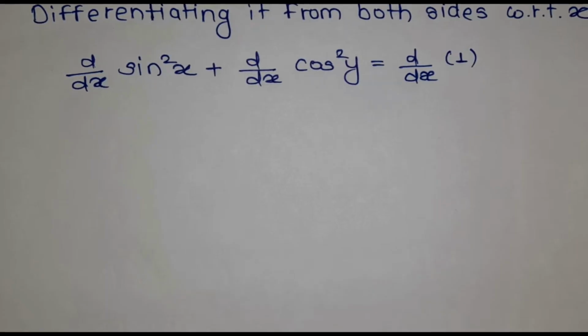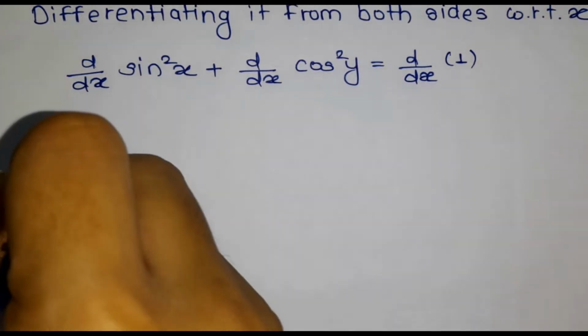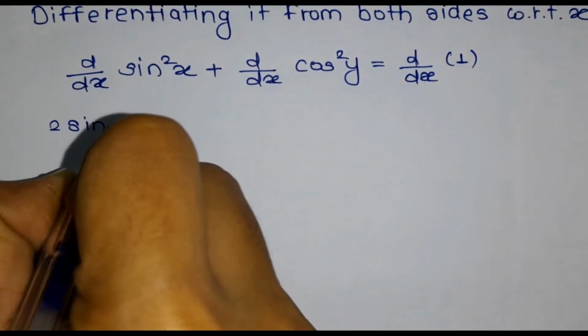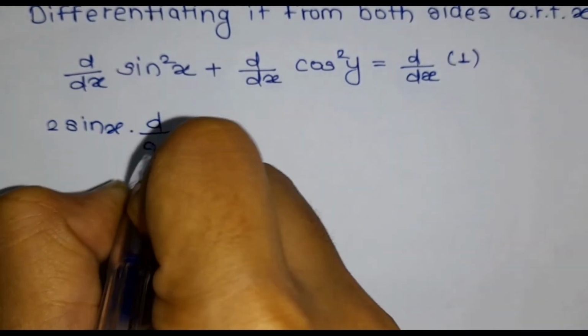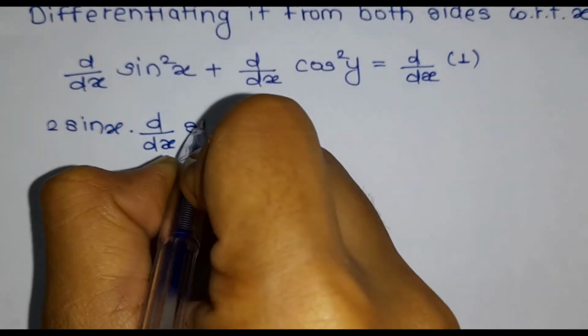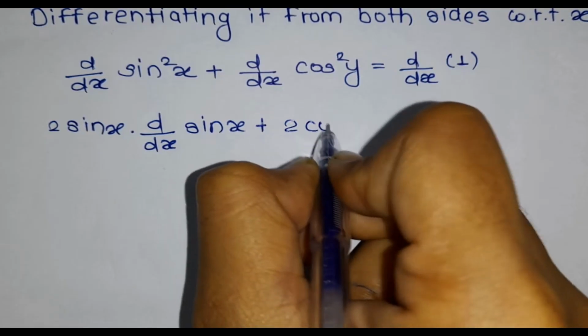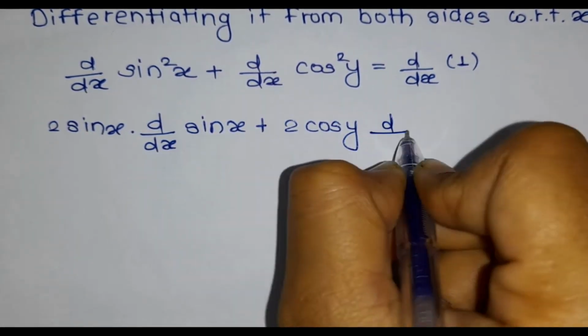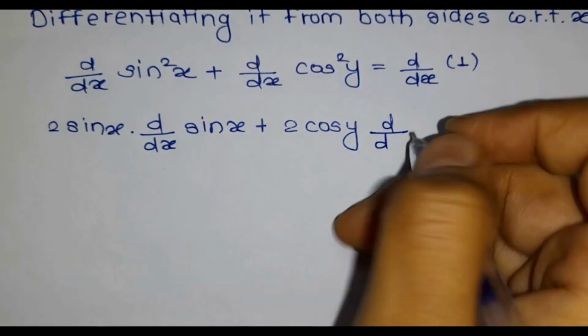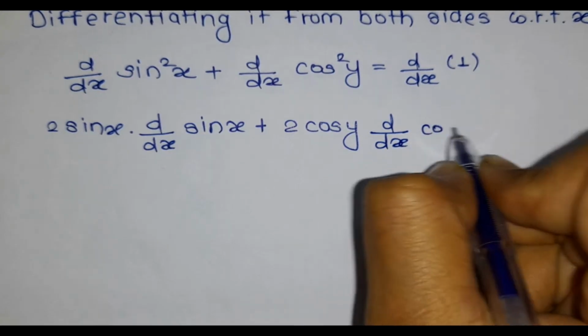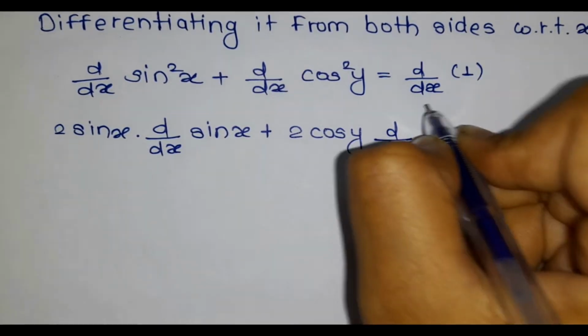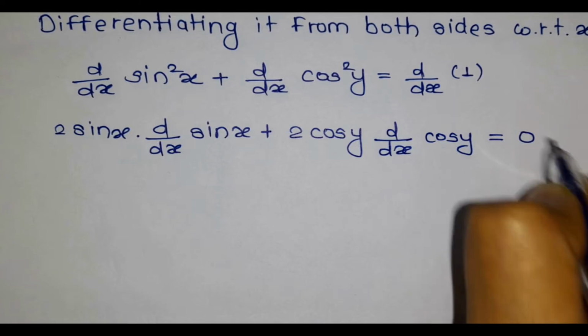So d/dx of sin²x, we will get 2 sin x into d/dx of sin x, using the chain rule we are doing this, plus 2 cos y into d/dx of cos y, and d/dx of 1 will be 0 as it is a constant term.